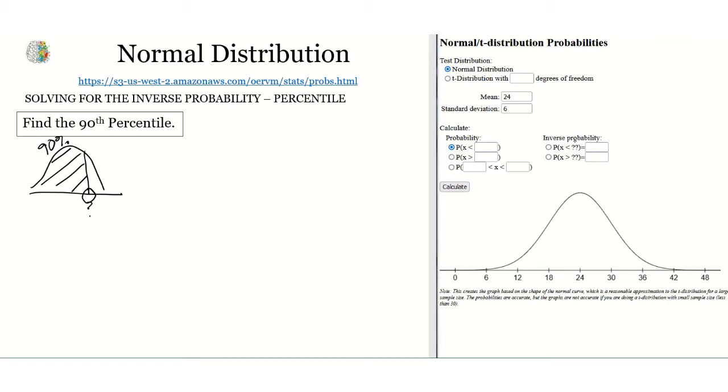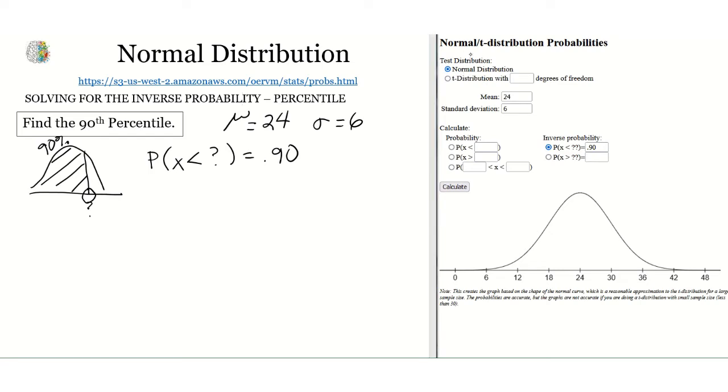So to solve that, we're going to use our inverse probability, this second set of calculations. We're looking for the probability of some X value that's going to give me 90%, and we're going to write our number in as a decimal. So I'm going to put 0.90 into my calculator. We'll use an example of a mean of 24, standard deviation of 6.